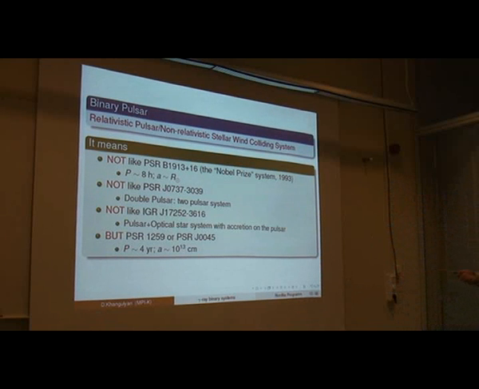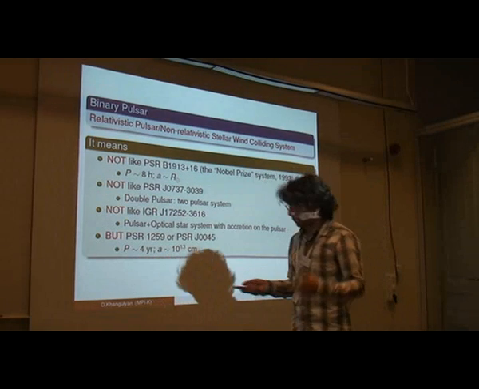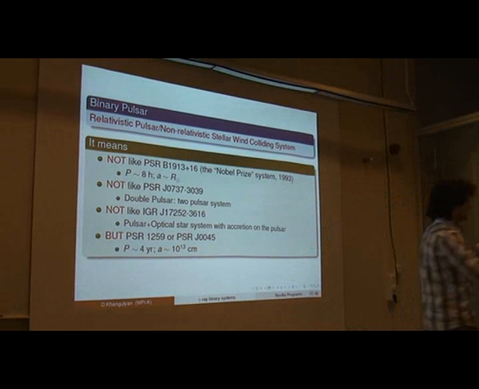It's not a binary system containing two pulsars like this one, and that's not an accreting binary pulsar system, where the matter from the optical star penetrates very close to the pulsar, and even accretes onto the surface of the neutron star.